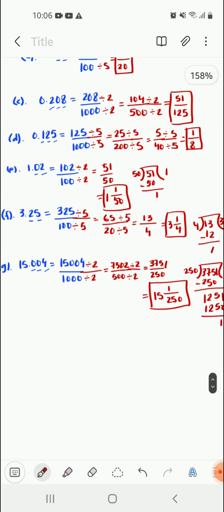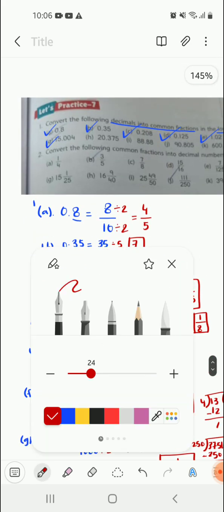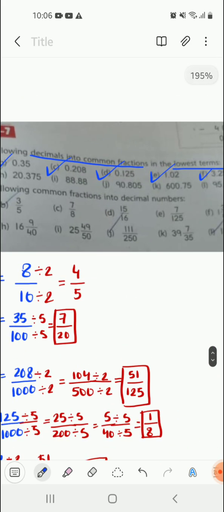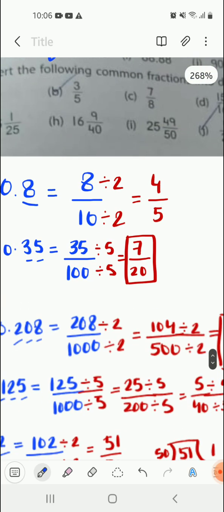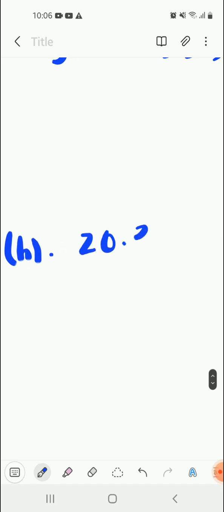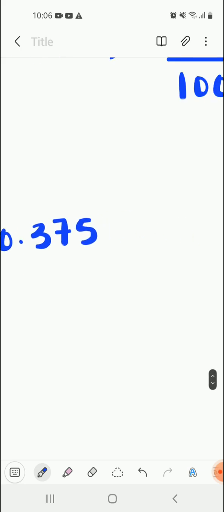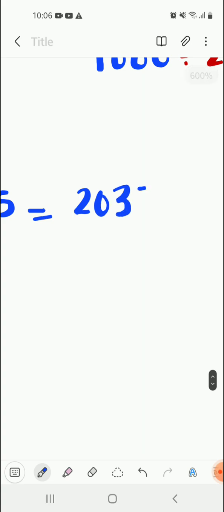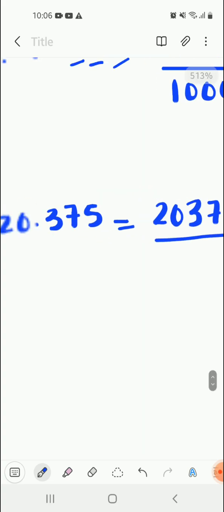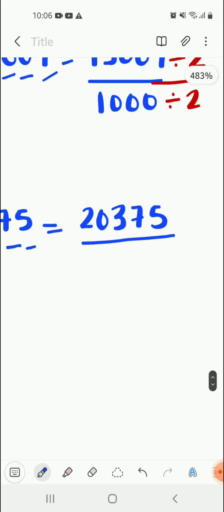Moving on, question number H. Here, 20.375. First step, write it down in fractions. So 20375 by, there are 3 decimal places, so after 1 we're going to insert 3 zeros.